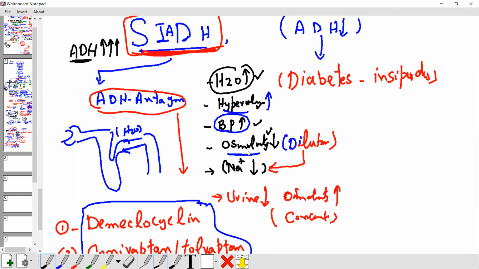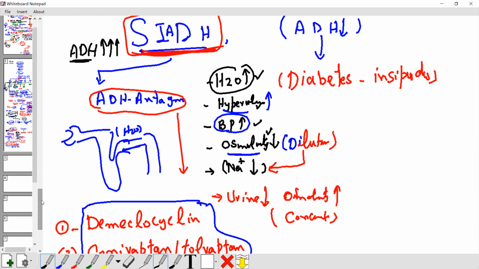If osmolarity decreases, what happens to the cell? The cell can swell. If your body osmolarity is less, like putting the cell in a hypotonic solution, the cell swells, brain cell swelling. The hallmark of SIADH is hyponatremia. The important change in our body is hyponatremia because you are putting water inside the body and sodium is less now. This is known as dilutional hyponatremia.